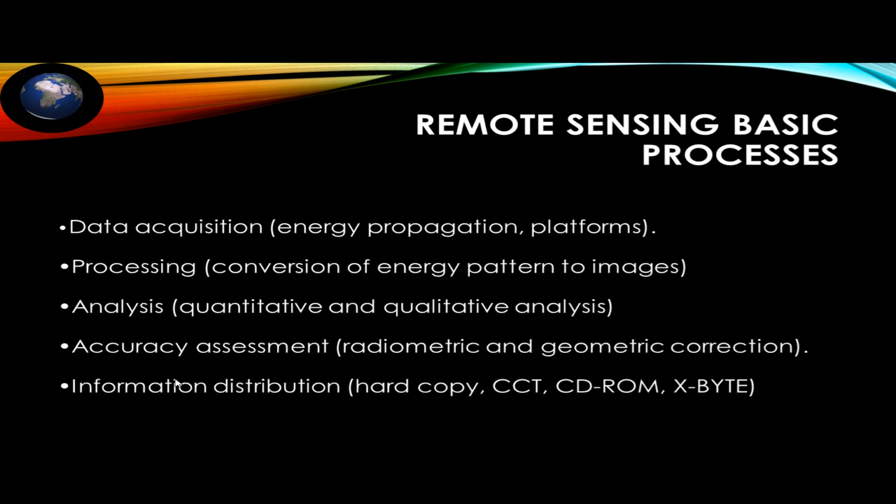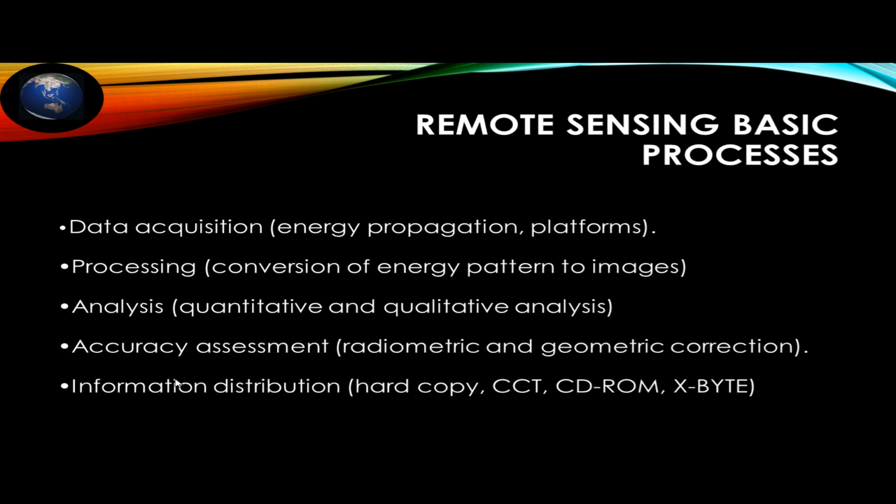Because the atmosphere has different layers, as I told you, the troposphere, stratosphere, mesosphere, so different layers are causing some interferences. To reduce these errors through the atmosphere, we are using some accuracy assessment while correcting radiometrically and geometrically. So these are some more remote sensing data processing terms.